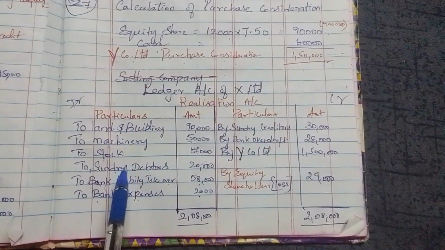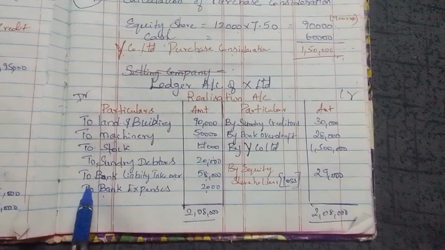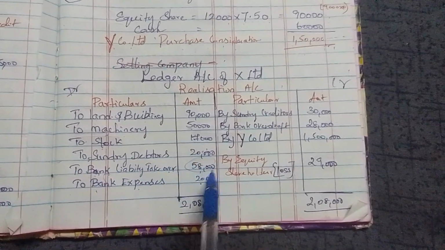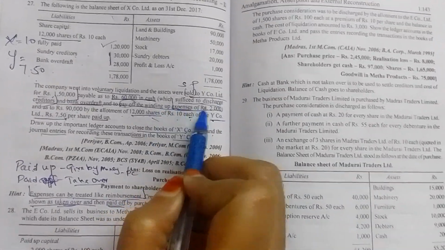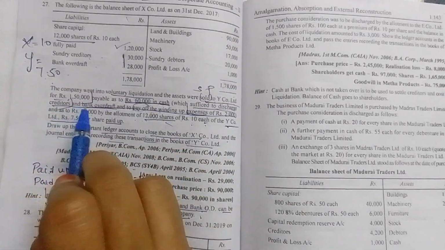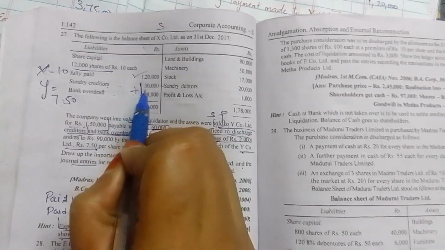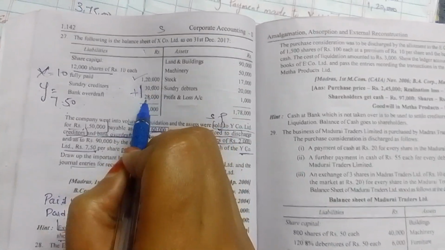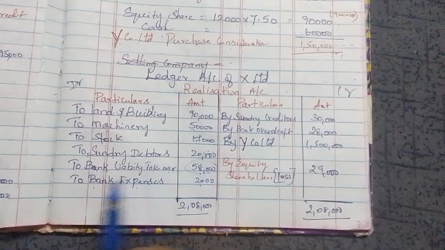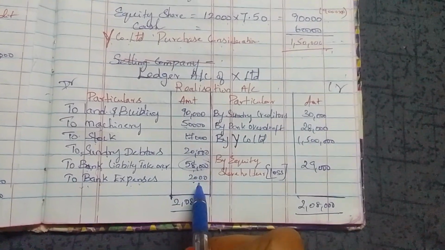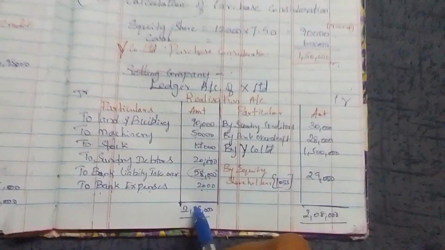Till this, everything is on the asset side, but as I mentioned, the bank liability is taken over. There is going to be a payoff of the creditors and bank overdraft, so we add both values, 30,000 plus 28,000, to get 58,000. Next, expenses 2,000.